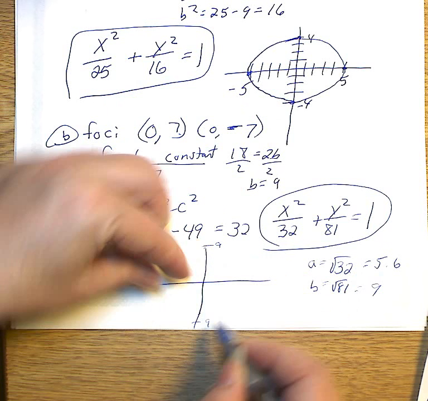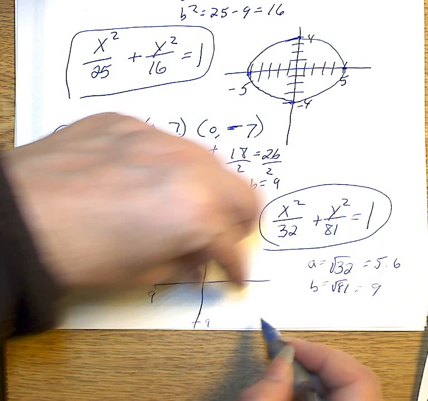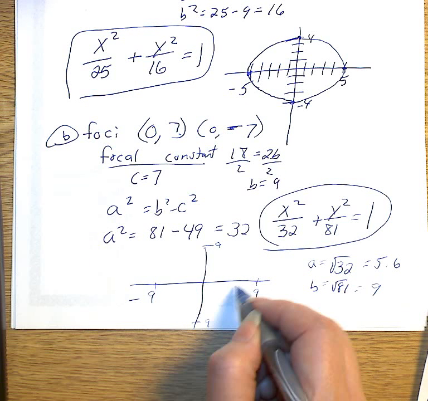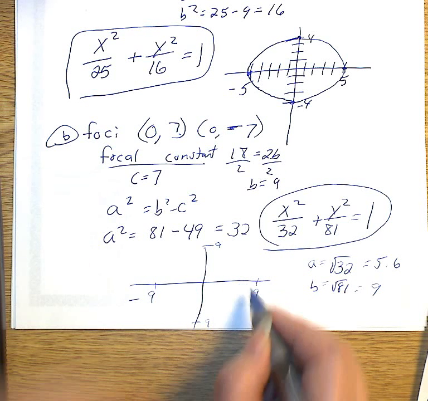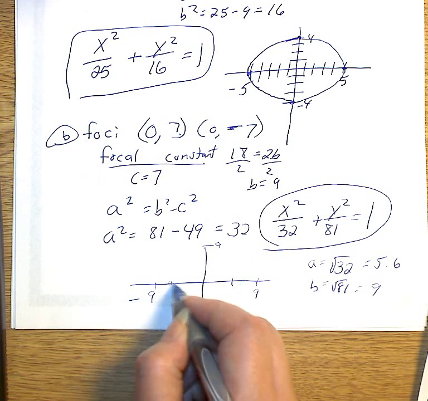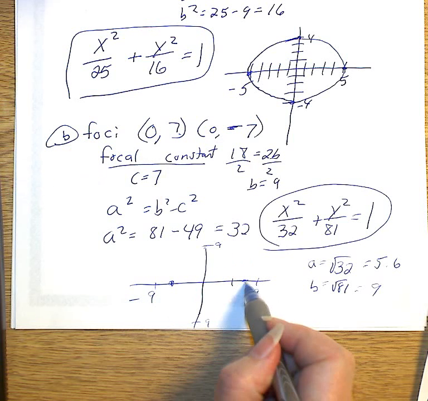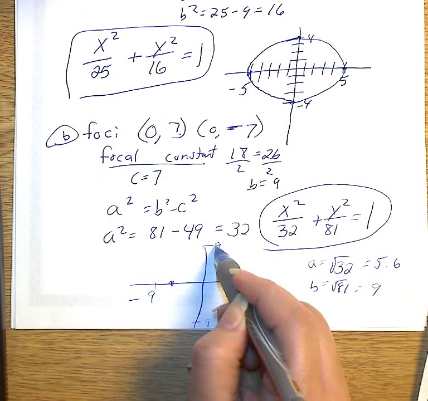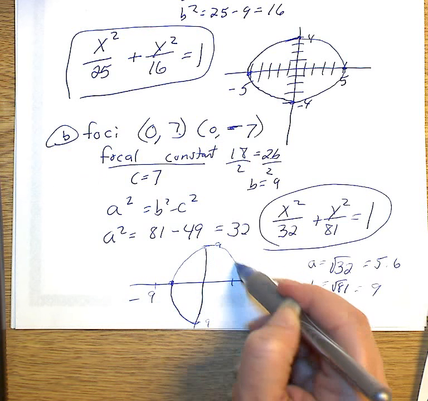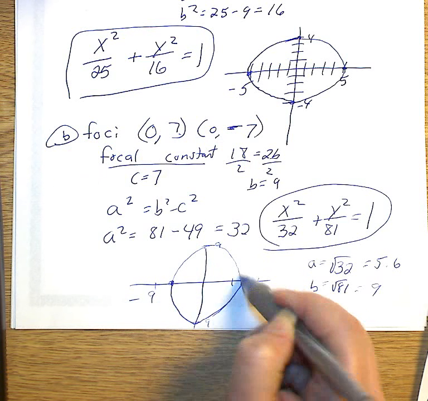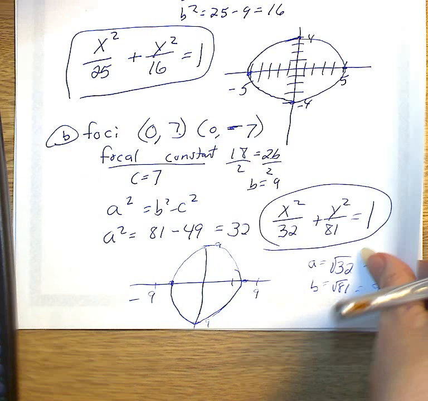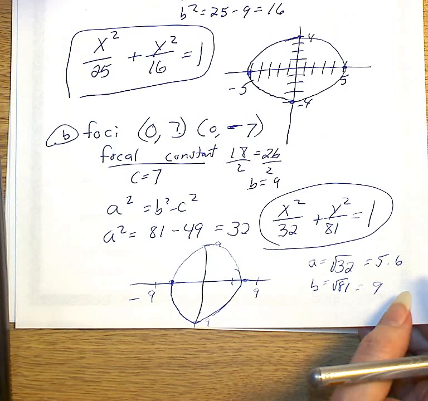Half of it is about 5, so about 6 is right here. It doesn't have to be perfect; I'm just making sure it looks like an oval. All right, so that is what we have.